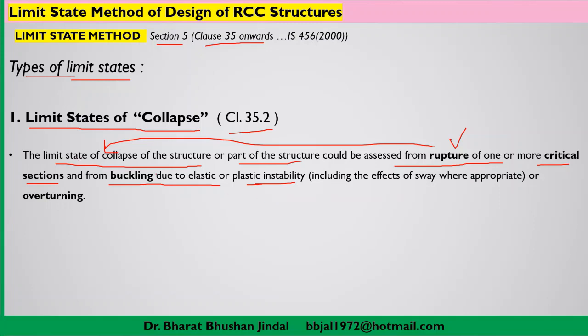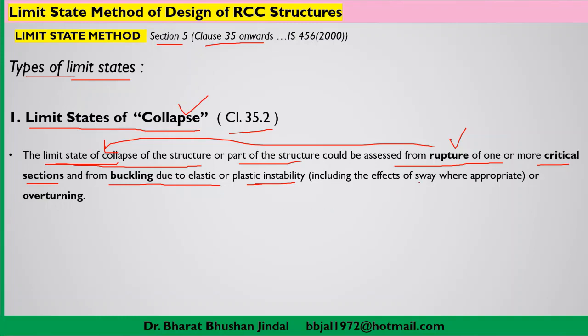So the main focus in this method is that we are not designing the structure for failure, but we are designing the structure by imposing some limits during design such that the structure will never collapse, because we will be imposing limits. So when you see any type of such behavior of the structure, then we will say that it is approaching the limit state of collapse.